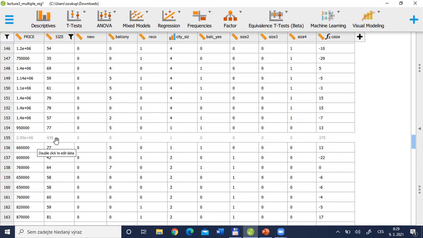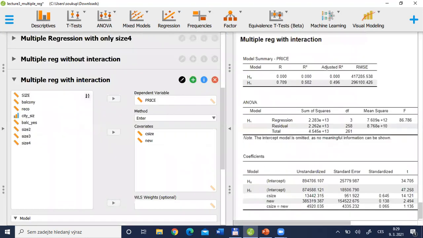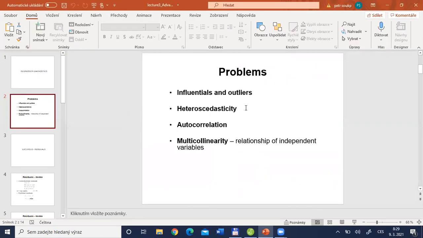And we excluded this flat, as if you introduced it into our computation, correlation would be biased, regression would be biased, etc. So this is a classical example of so-called influential and outlier.